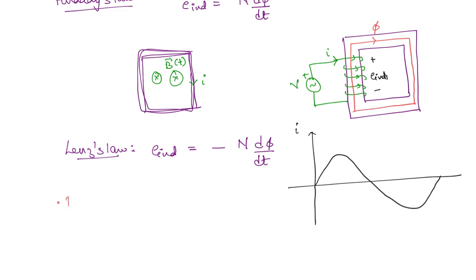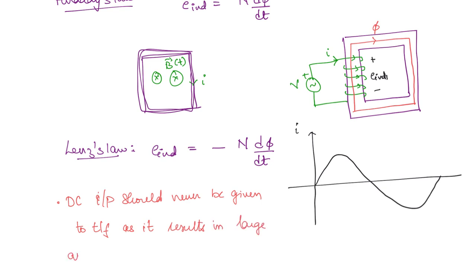So DC should never be given to a transformer. DC input should never be given to transformer as it results in a large amount of current to flow. This will damage the windings.